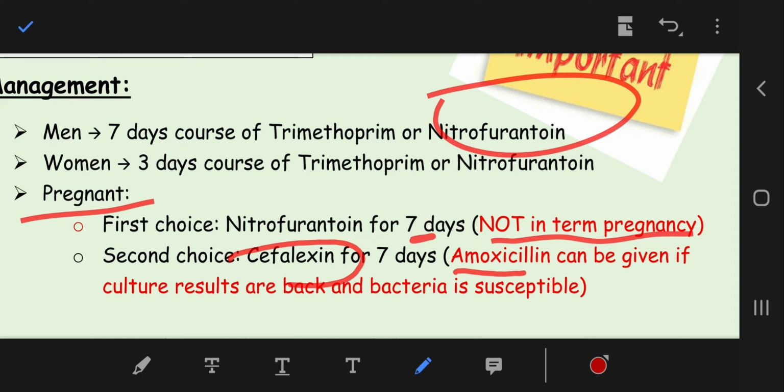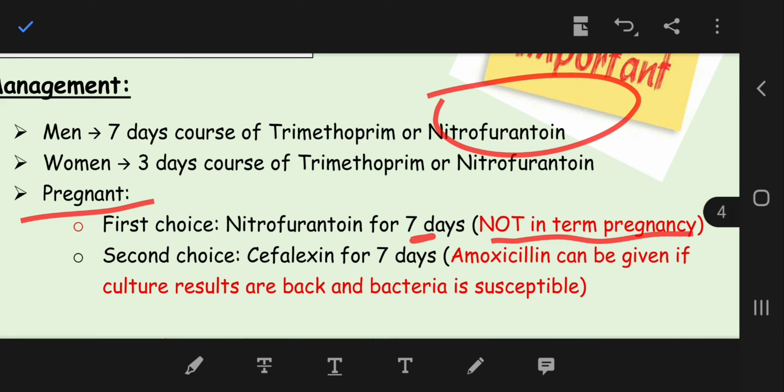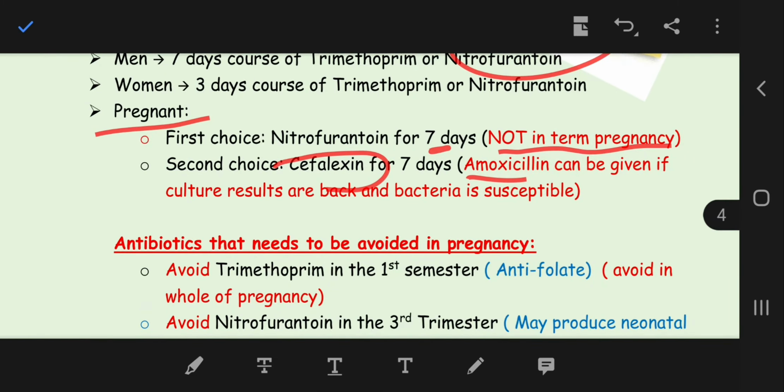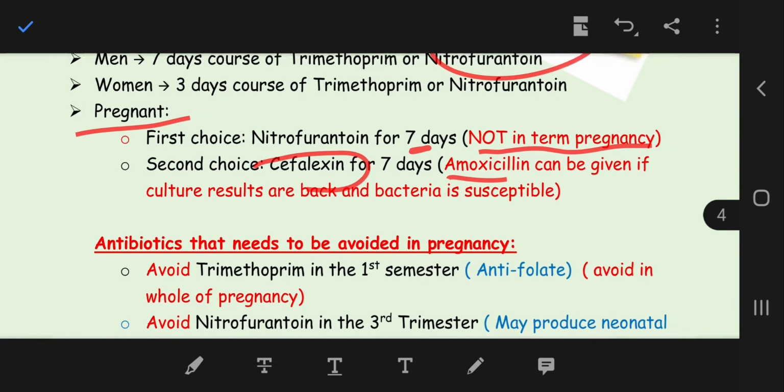Only give it as a second choice when the culture of the urine is back and it shows you that the bacteria will die from the amoxicillin, meaning the bacteria is not resistant to amoxicillin. Then, only then, do you take amoxicillin. So memorize this, guys. Our pregnancy, what to give first and second line.